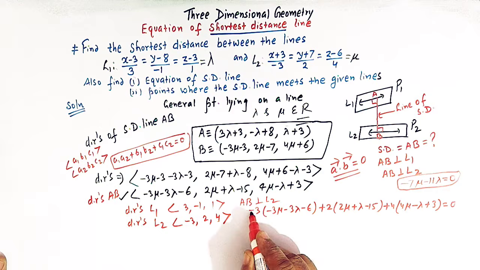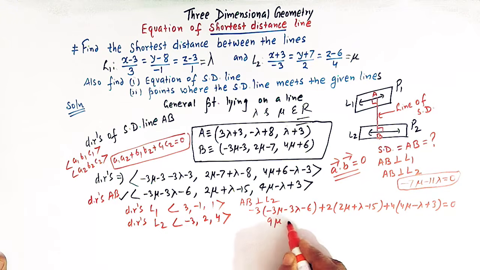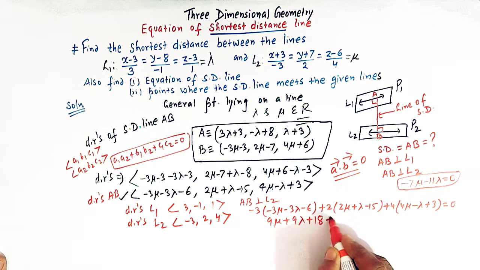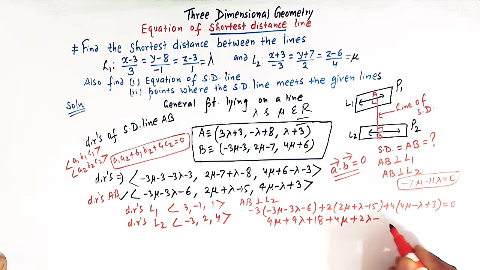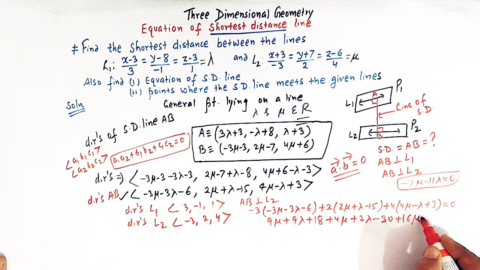So this is minus minus plus, so we have 9 mu, then 9 lambda, then 18, then here we have 4 mu, 2 lambda, then 30, 2 15s are 30, then 16 mu, 4 lambda, and 12, right?